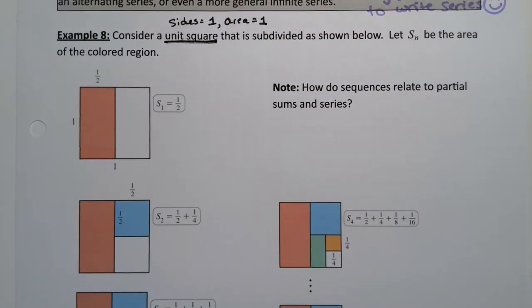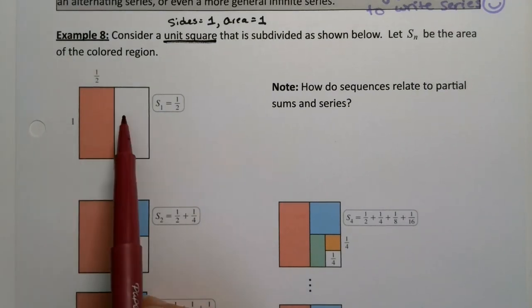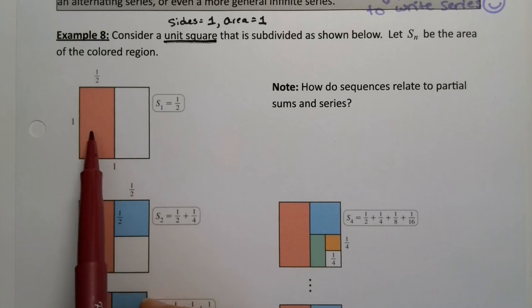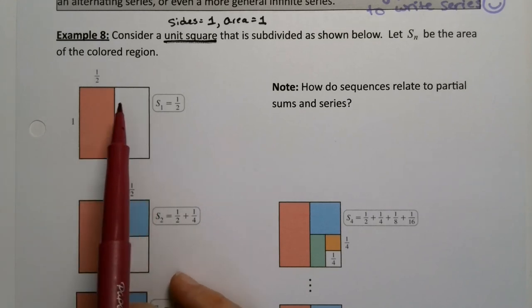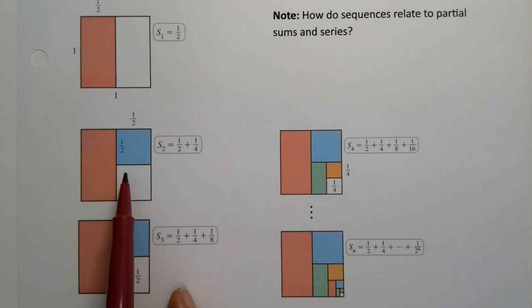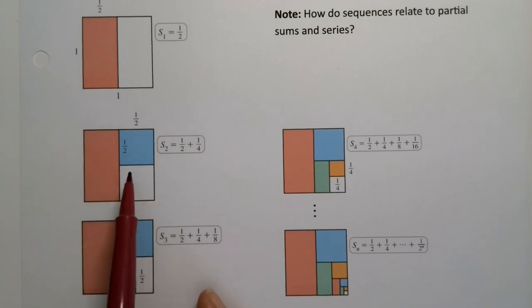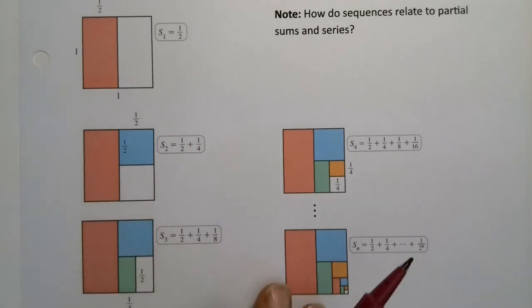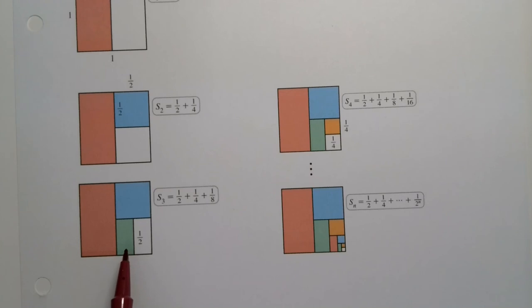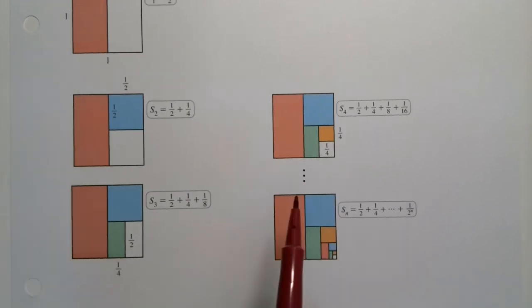And we are going to subdivide that region. We're going to cut it in half, then cut what remains in half, right? So we cut the square in half, right? There's the shaded part. Then we take this white rectangle and we cut that in half, which gets us to this piece. Then we have this little white square right here, and we cut that in half, which gets us to there. And then we cut that in half, and so on, and so on.